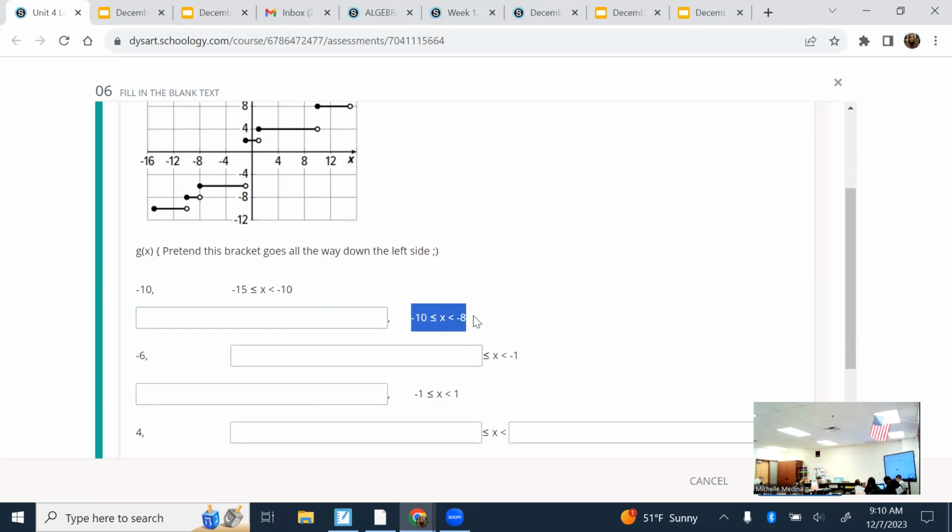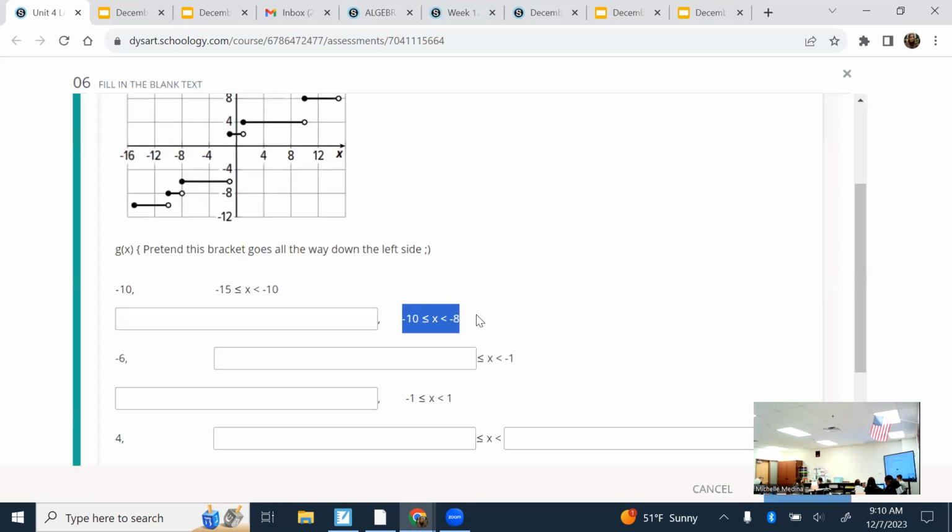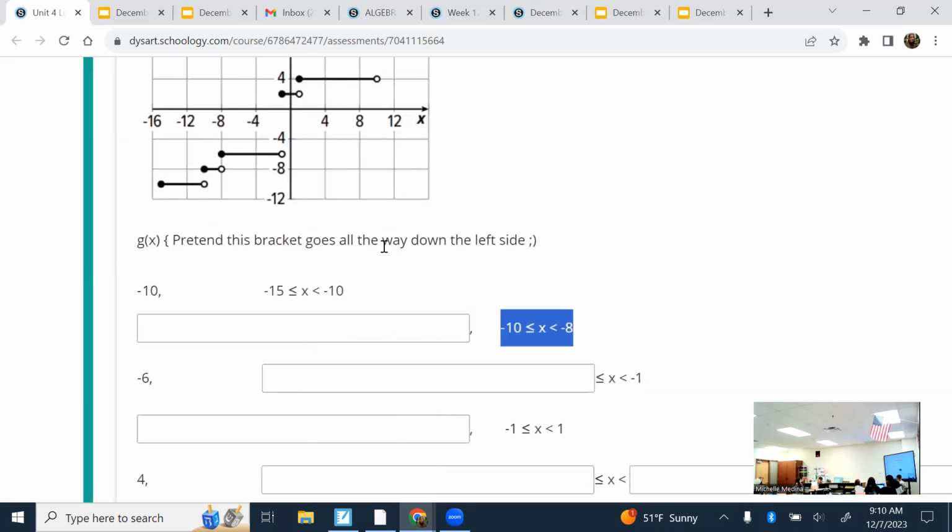So like this would be your input or output, what I highlighted. It's an input. What letter does it use? X. So that's defining an input.